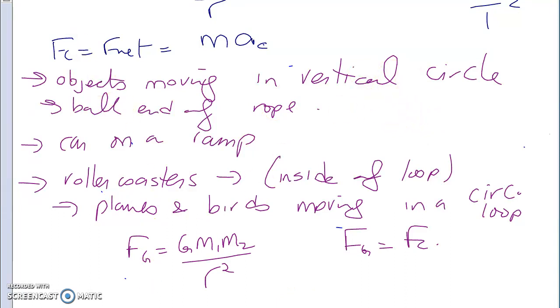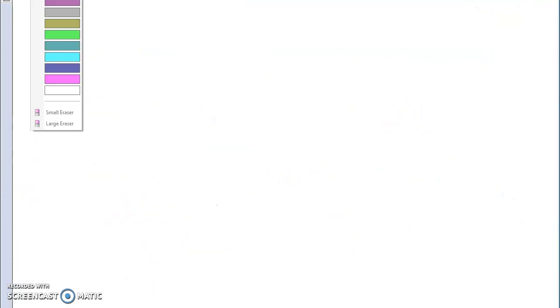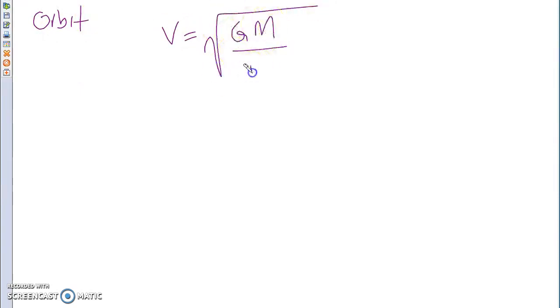So if an object is in orbit, right? When an object is in orbit, we came up with v equals the square root of GM over r.